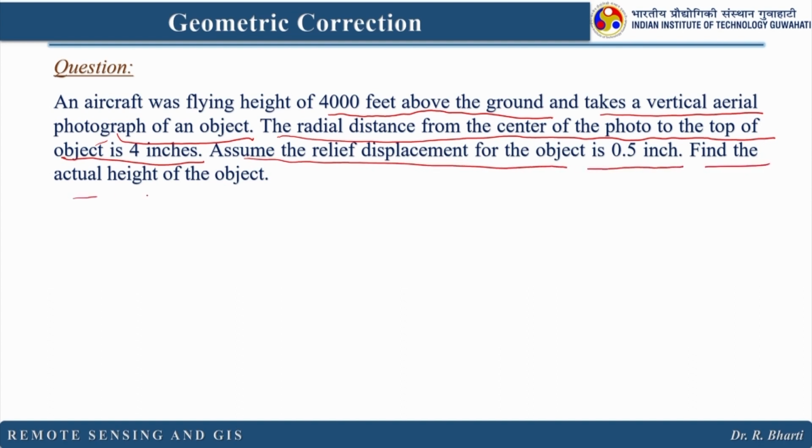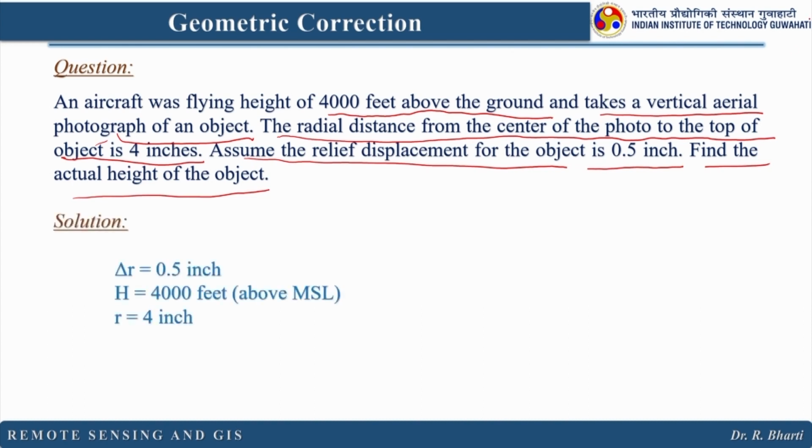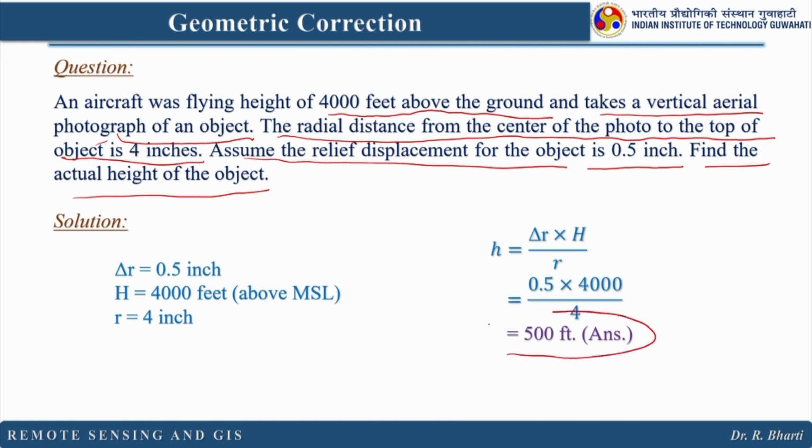Find the actual height of the object. So, how to do this? Here delta r is 0.5 inch, H is equal to 4000 feet above MSL and small r is 4 inches. So, you can easily find out the height of the object. So, this is 500 feet.